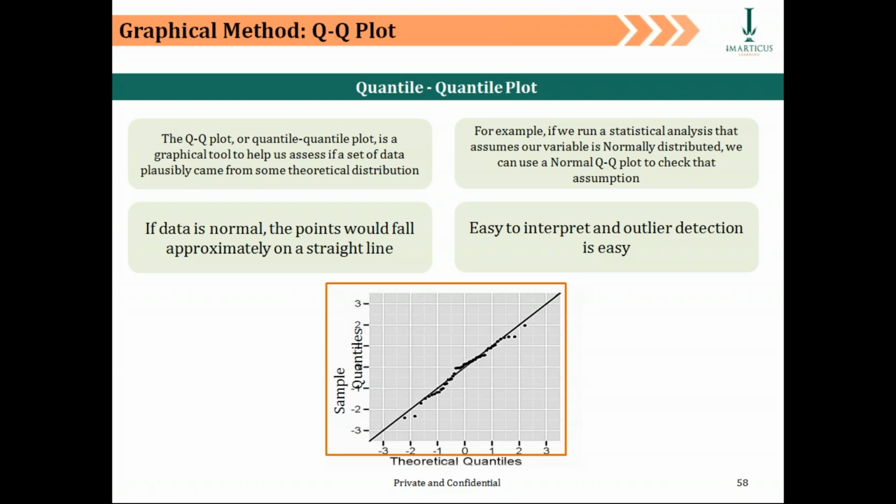When you plot the points between sample and theoretical, and your points follow a diagonal line, that is an indicator that your data is normally distributed. Clear?